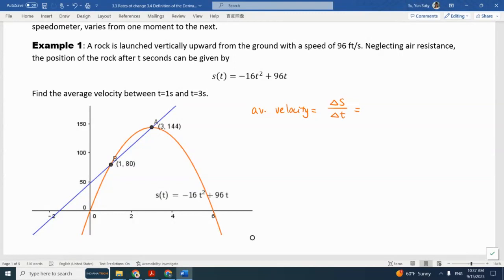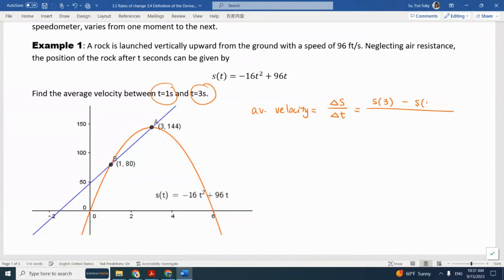So, the change of the displacement. You're using the final displacement. It's between t equals 1 second and t equals 3 seconds. So your final displacement is s of 3, right, everybody?